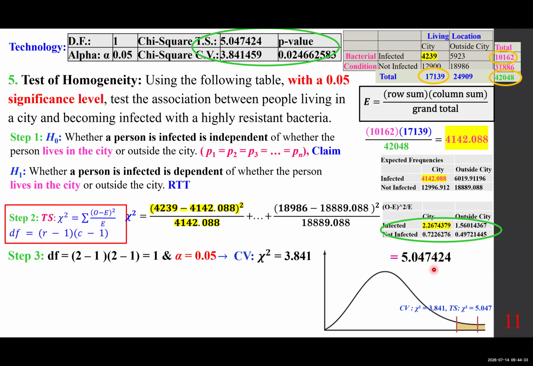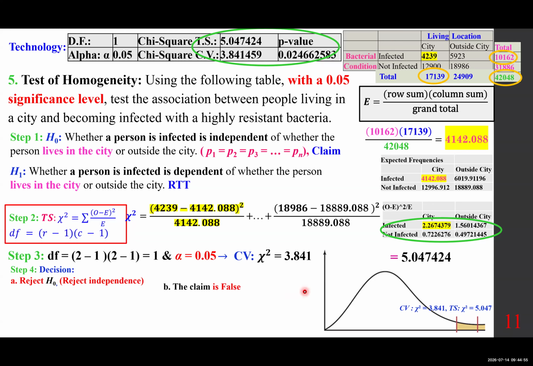And the critical value, 3.841, of course, with more decimals. And here's the p-value, which is less than alpha 0.05, same result.